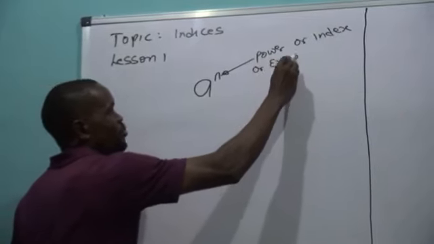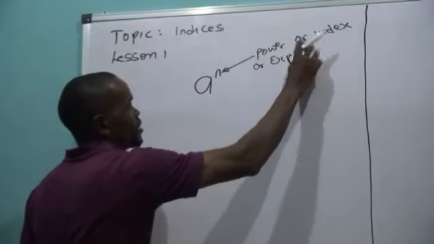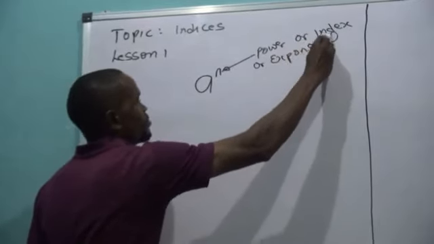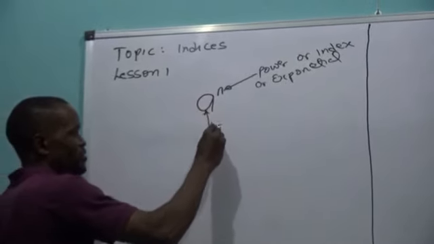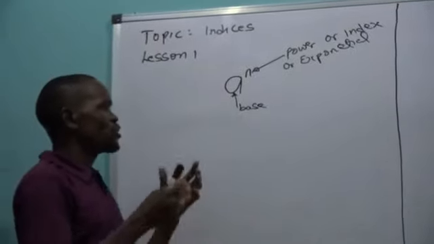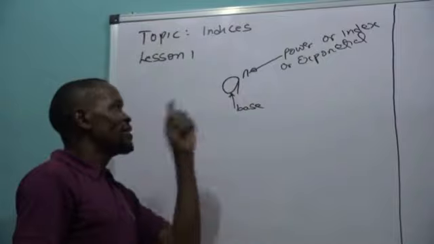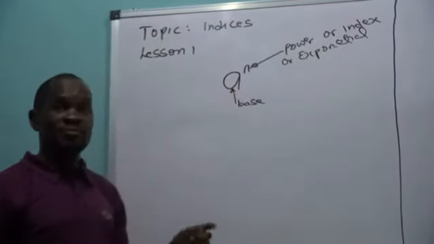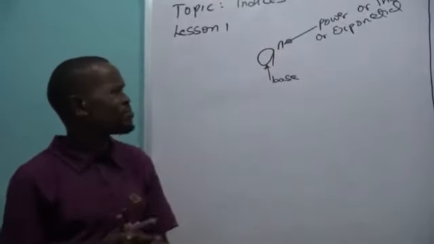You can call it exponential. And this is called base. So this format is the only thing I have to store in my memory: this is the base, and this is the power.